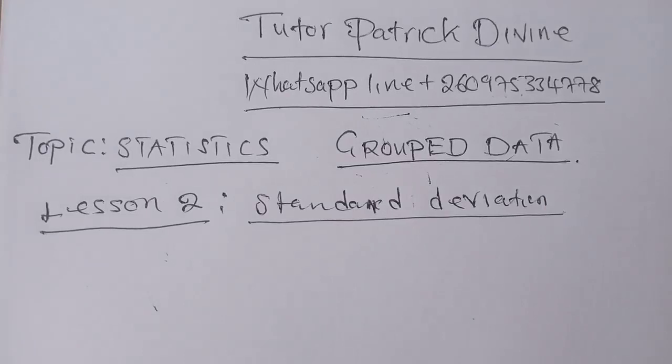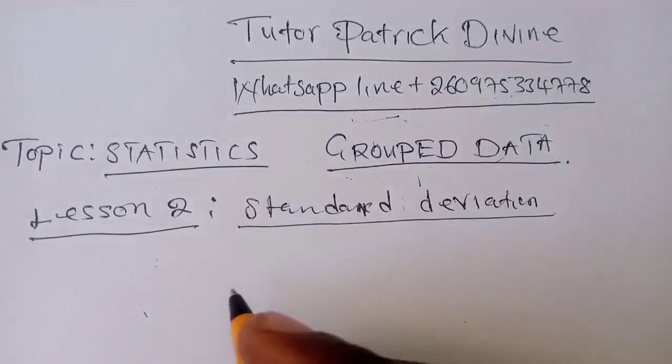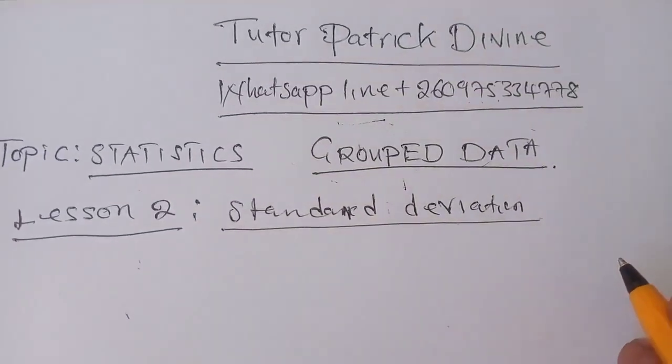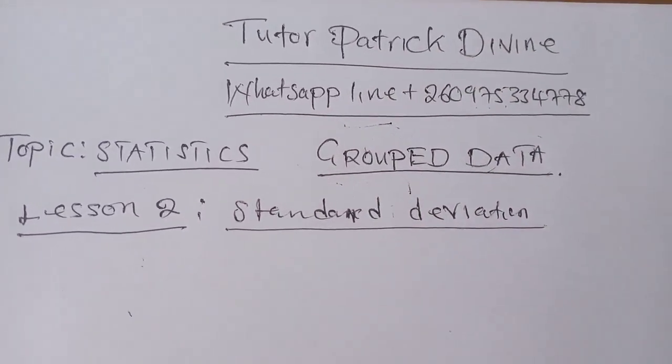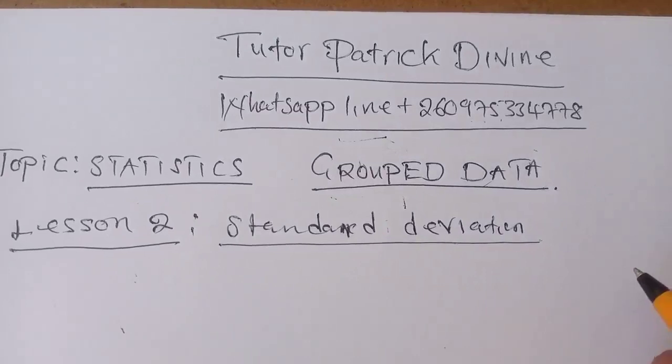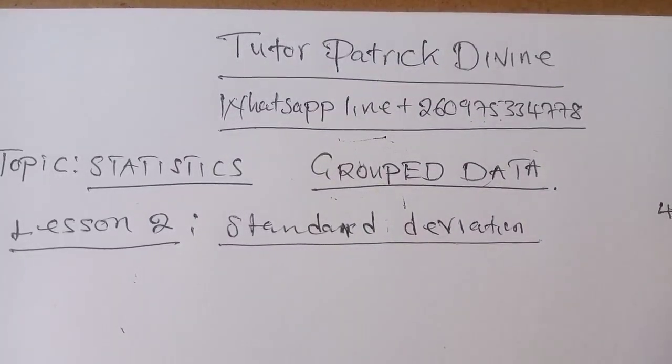If I should remind you, if we recall from what we did, ungrouped data comes like this. Let's say an example of 4, 3, 2, 7, and here 5, 4, 5, 6, 8.